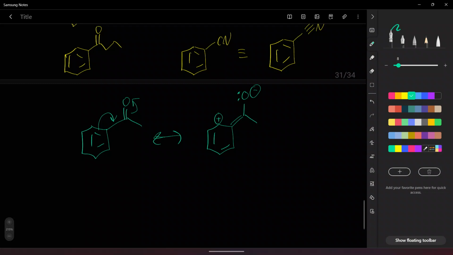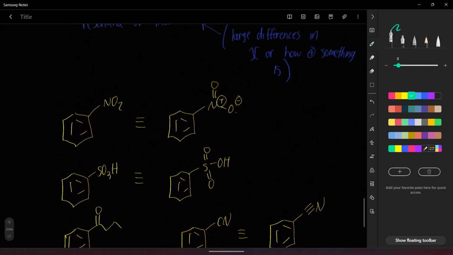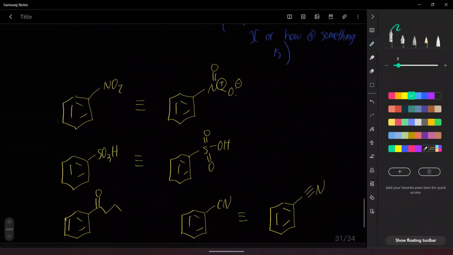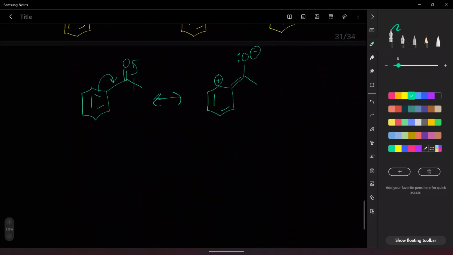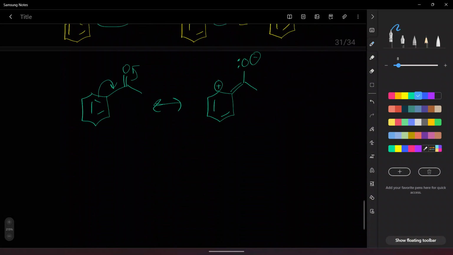Okay, right? So that is why they are withdrawing, okay? And obviously, all of these examples, the NO2, the SO3H, the acyl group, and the CN, are electron withdrawing metadirectors because of resonance, but you can also have induction.